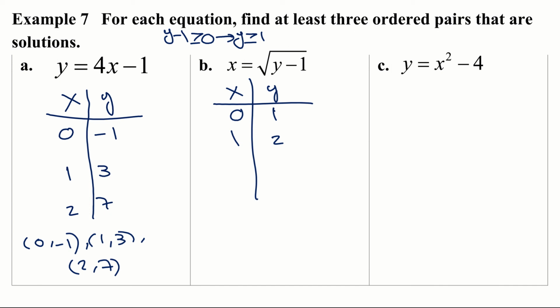Or if I really want just nice whole numbers to plot a graph, then what I could do is go to the next number that's going to give me a perfect square, right? So I want y minus 1 to be 4, for example, so that when I take the square root, I get 2, right?